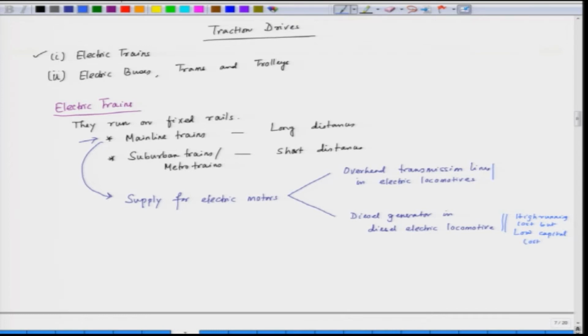On the other hand, the overhead transmission lines in the electric locomotive have relatively low running cost and high capital cost. We have to erect the transmission line. So, we can choose between the electric locomotive or the diesel electric locomotive.